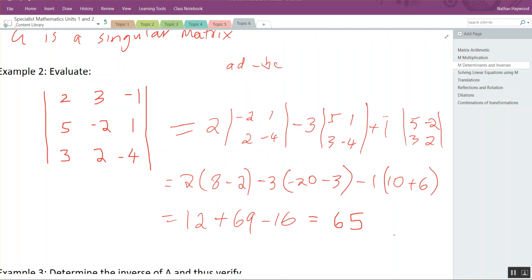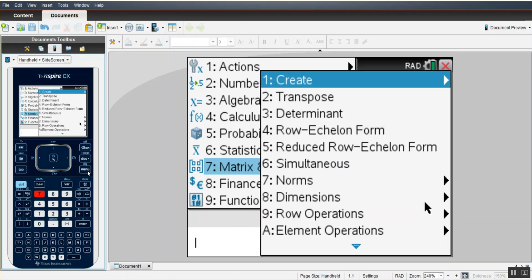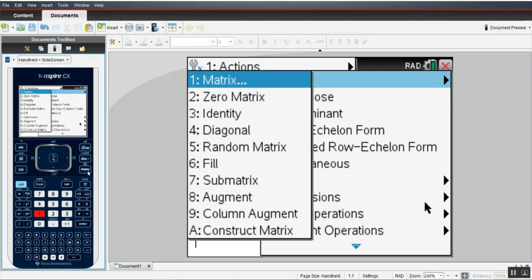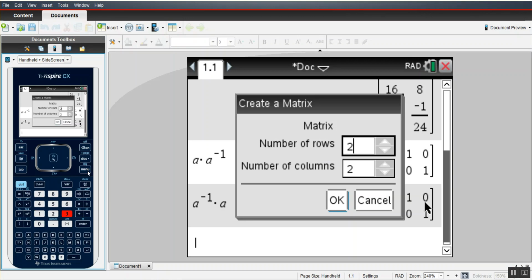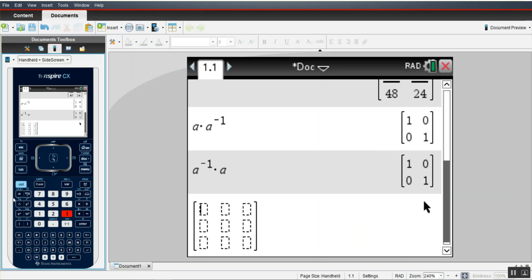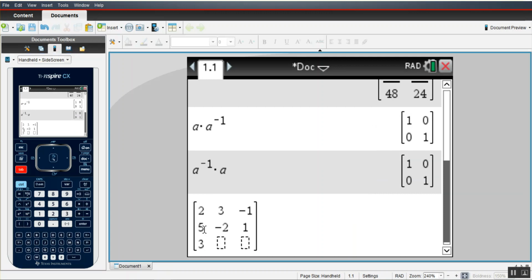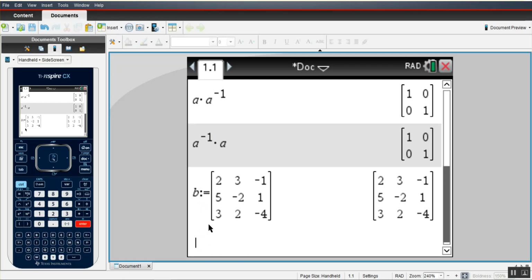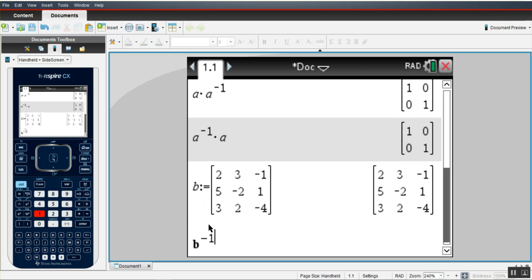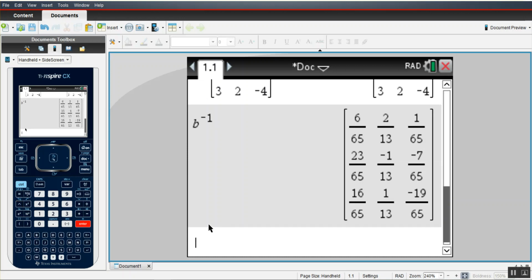And that's in menu 7, create matrix 3 by 3. All right, 3, 3, 2. All right, I'm going to let this equal B. And now how do I get the inverse? Done. Let's go.